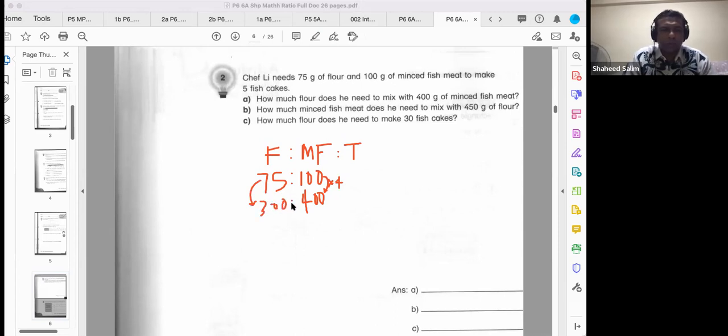The second one, Ria's answer is different from Raidi's. So let us see. You must be careful here. They say they want to have 450 grams of flour.